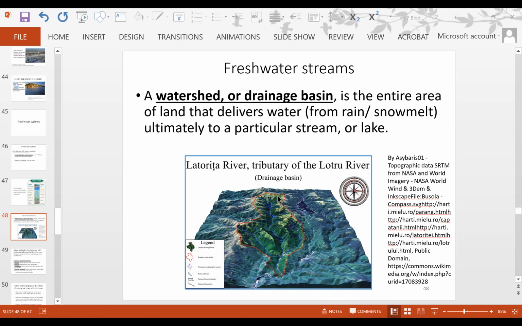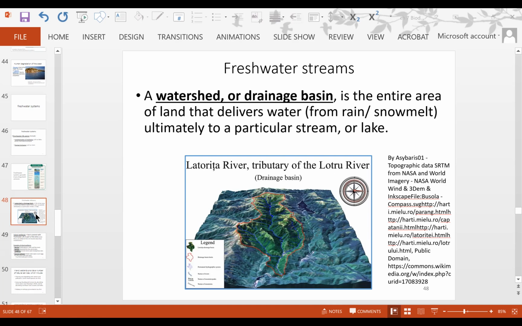So all of the runoff from all of these areas of land, all of that runoff ultimately may end up in the Latarita River and then possibly be transferred to the Lotru River, because this river is a tributary of the Lotru River.